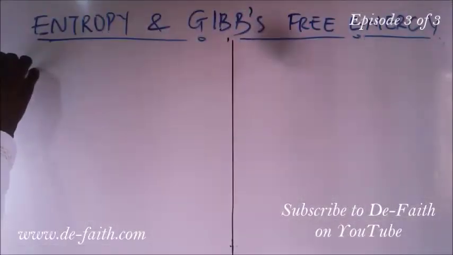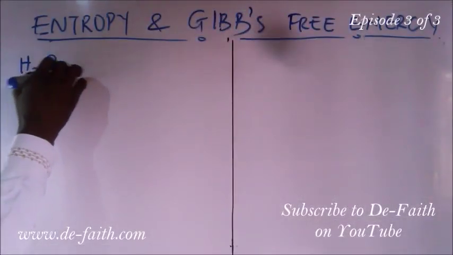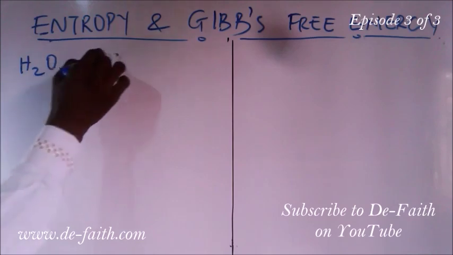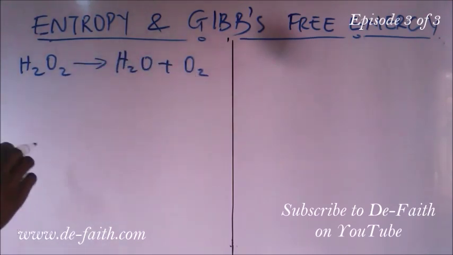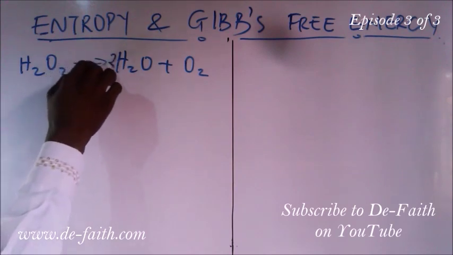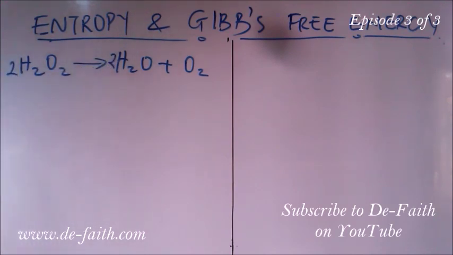Here we have our equation, which is hydrogen peroxide, which decomposes into water and oxygen. To balance this equation, we have 2 here and we have 2 over here, and that has balanced the equation.